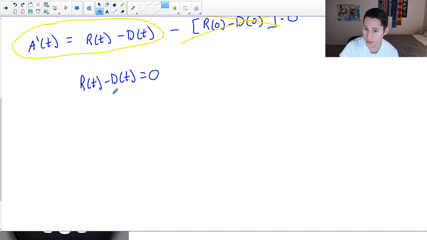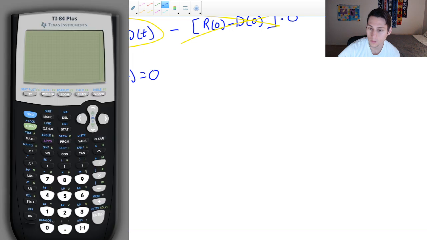This is something I can solve using my calculator, right? I can figure out when some expression or some equation equals 0. So let's pull that up. I already have R and D in there as y1 and y2. Right? My y1 is R of t, my y2 is D of t.